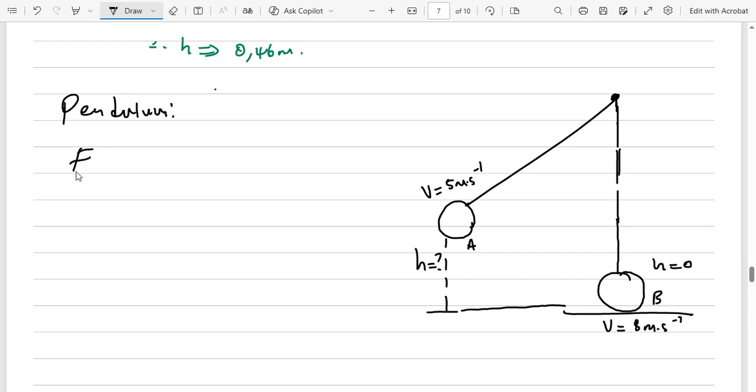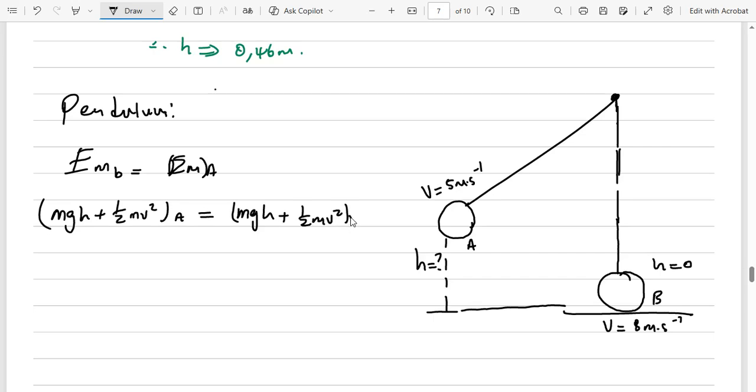To find the height, you use the same thing: EM before equals EM after. So we're going to say mgh plus 1/2 mv squared at A equals mgh plus 1/2 mv squared at B. At A, the mass is still 2, 9.8, and we are looking for H. 1/2, the mass is 2, and the velocity at A is 5.